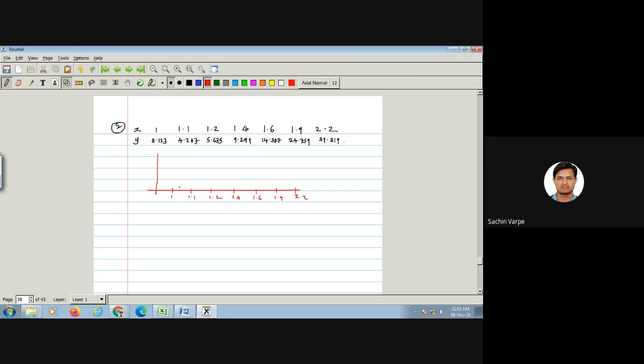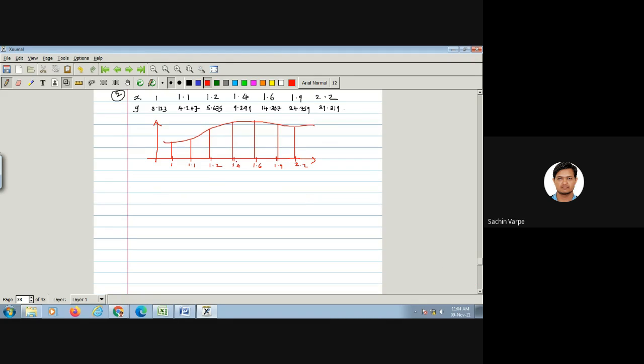Suppose the curve is like this, whatever. We find the area of this strip first, then the area of this strip, then this, and so on, and we add all those areas to get the required area. We do it this way because the length is not the same. So let us prepare a table accordingly.